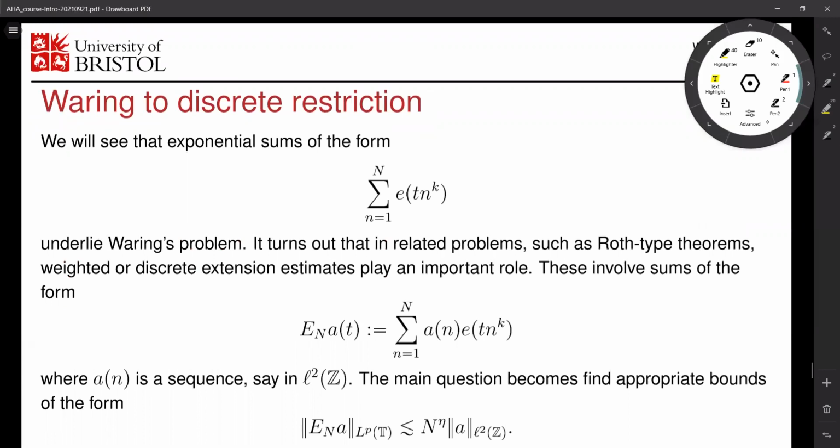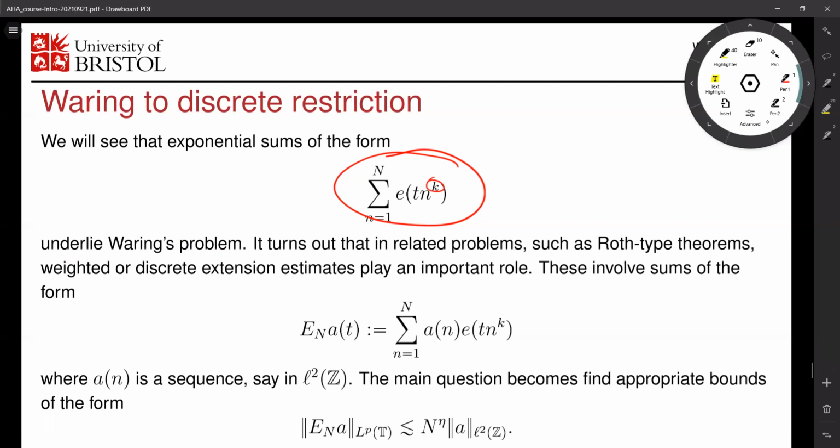So the third topic is going to be on discrete restriction. And so to quickly summarize what the problem is, in Waring's problem, we start with exponential sums that are of this form, right? I have my power, my degree k, and I look at this sort of exponential sum.